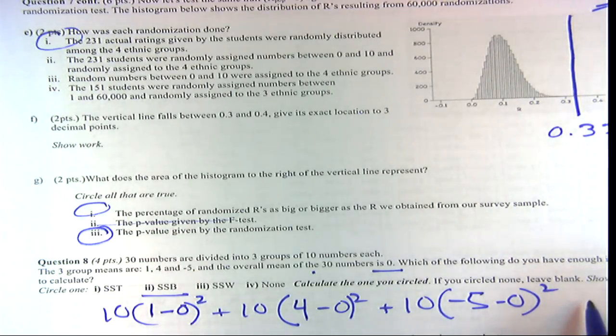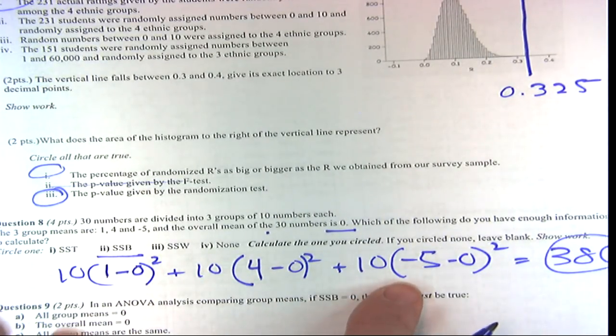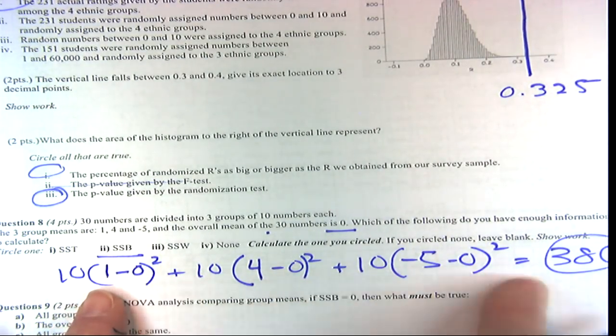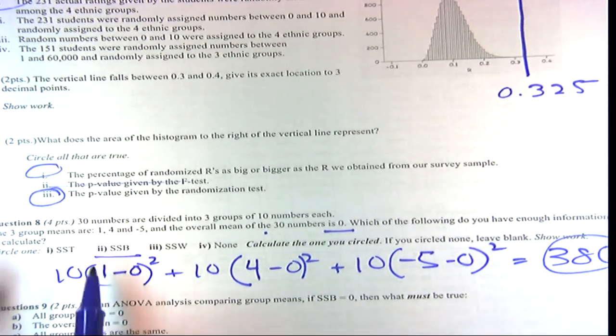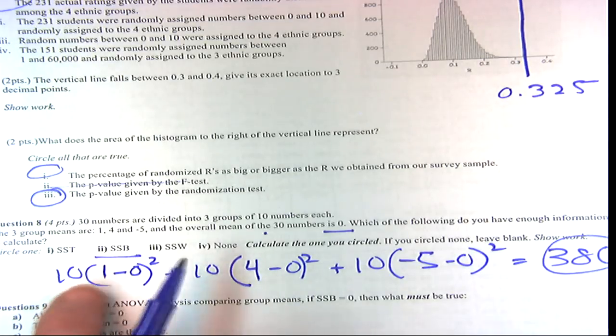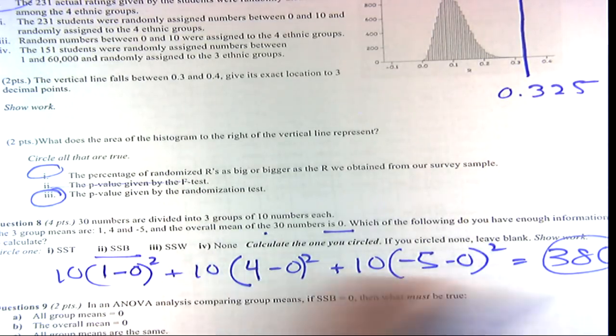So whatever that is, I got 380. Many people put 3, 3, and 3, but no, there's 10 in each group. Remember, when you're doing sum of squares between, you have to get one for every point.